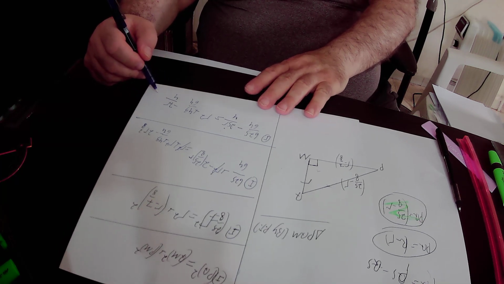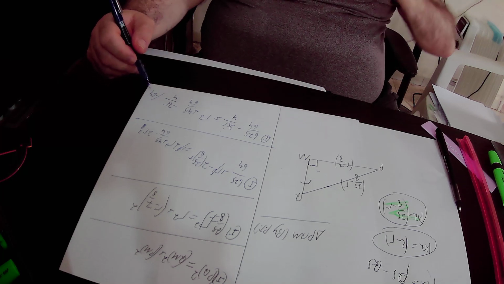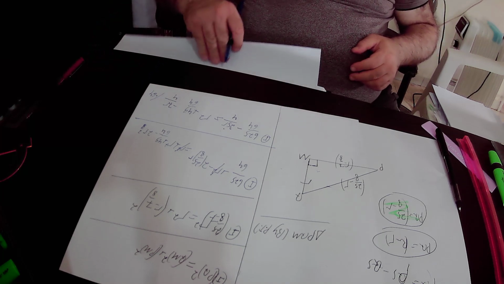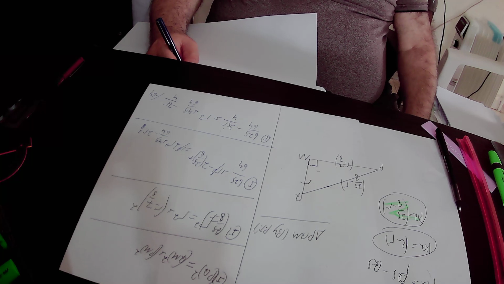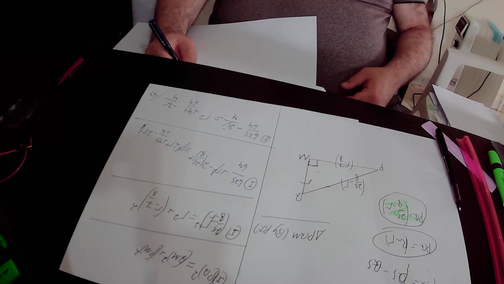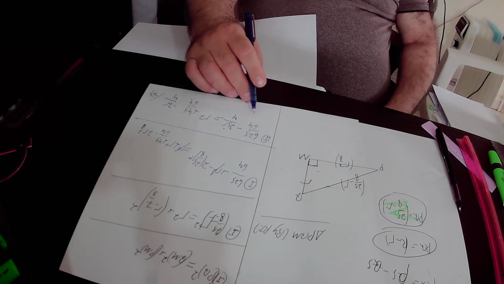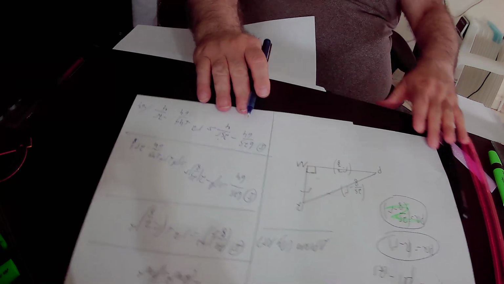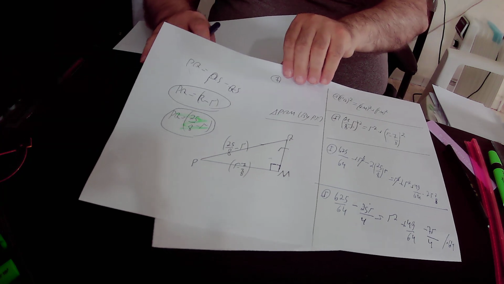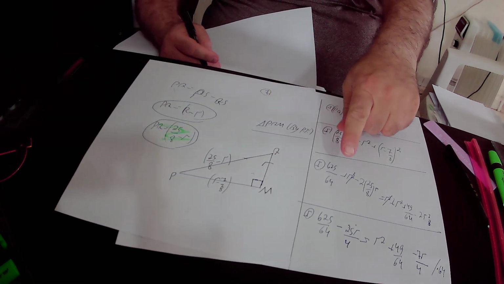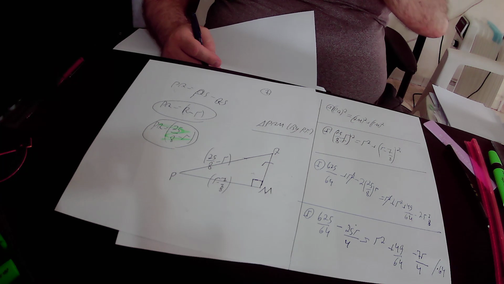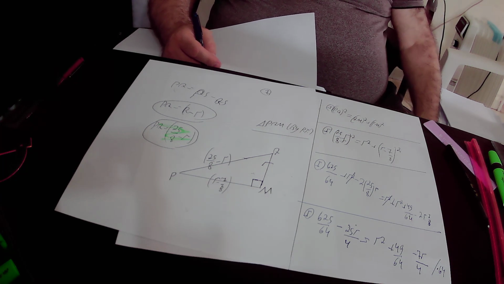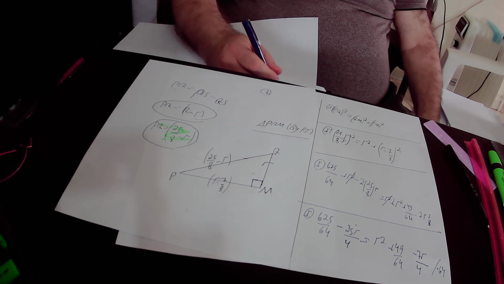Here we will multiply this equation, equation number 1, by 64, and we get that according to equation number 1, here we have 625 times 64 over 64 is 625.